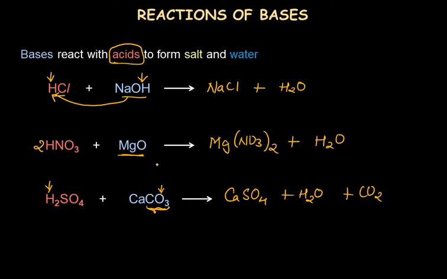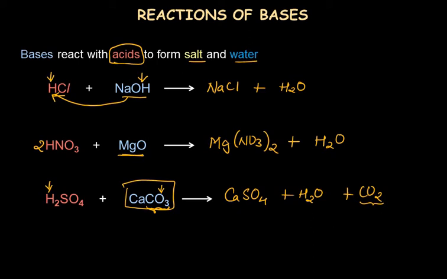So in general, bases react with the acid to form salt and water, but if a carbonate is present as a base, then a third product, carbon dioxide, will also be formed. We saw many more examples of such reactions in the reactions of acids in our earlier video. If you want to go through such examples, you can refer to it again.